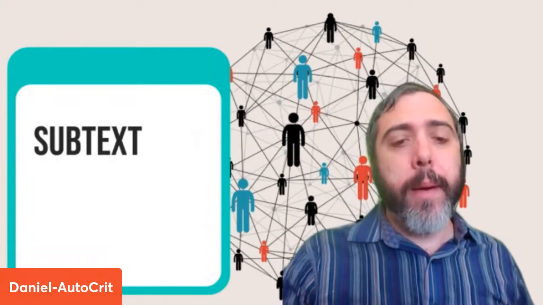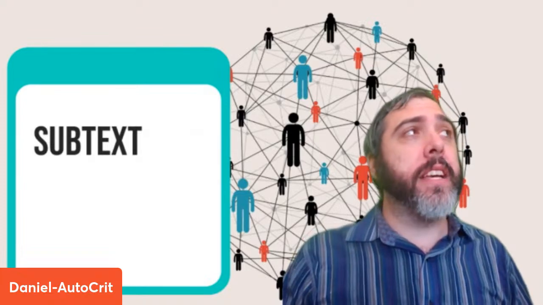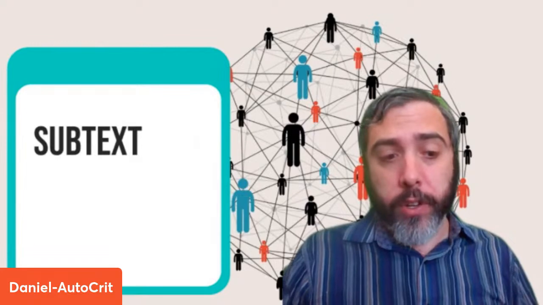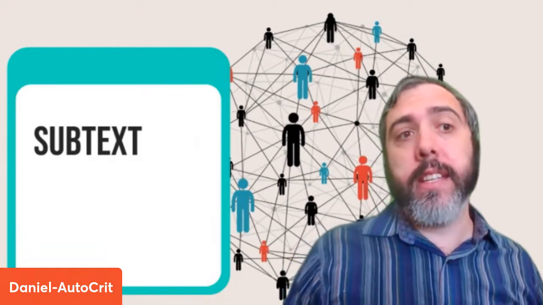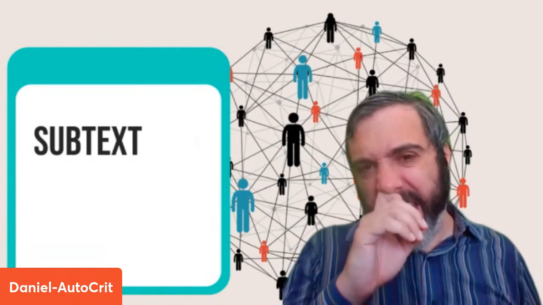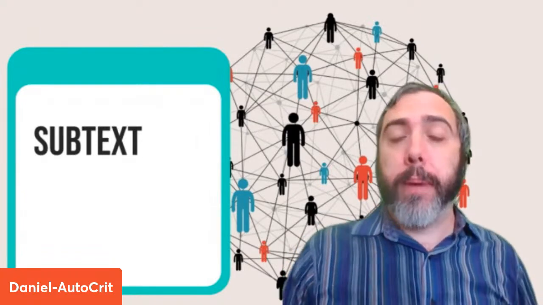So subtext is very important when you're writing dialogue, because it's a way to include more information than what is there at first glance, right? There are multiple meanings to sentences. Not every word, but the words carry multiple uses, and so they're really earning their spot on the page.